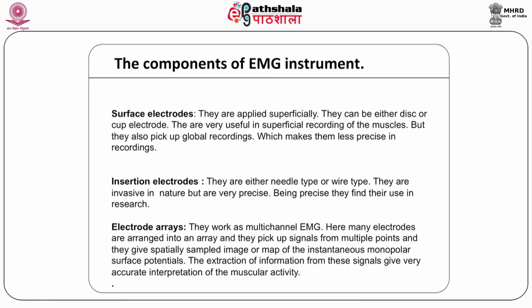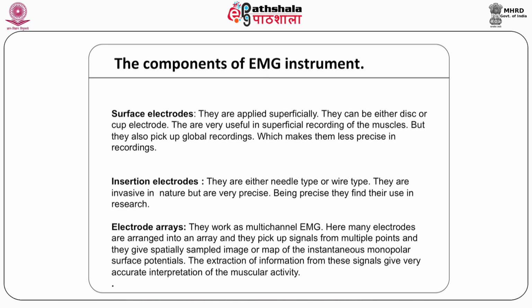Surface electrodes are applied superficially. They can be either disc or cup shaped electrodes. They are very useful in superficial recording of the muscles, but they also pick up global recordings, which makes them less precise in the recordings.